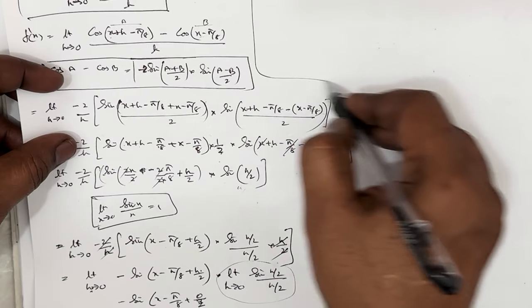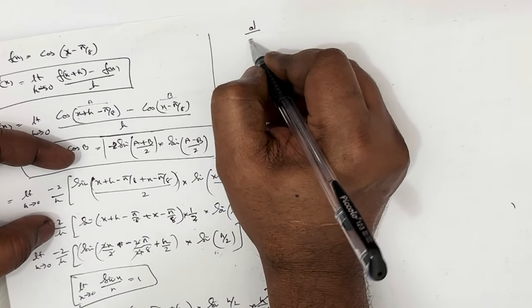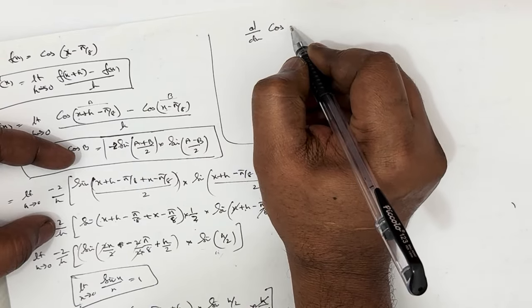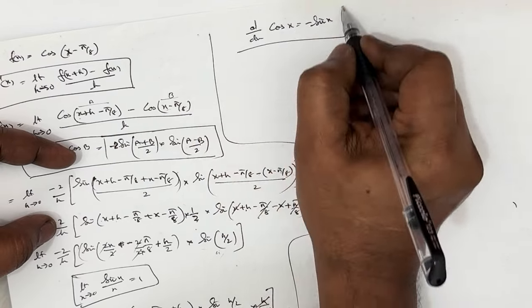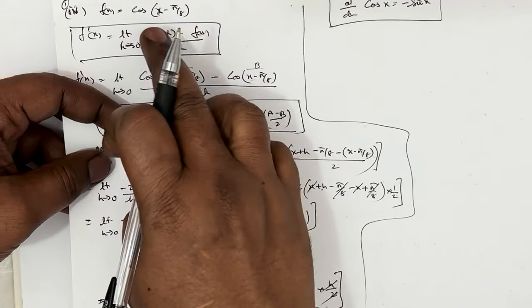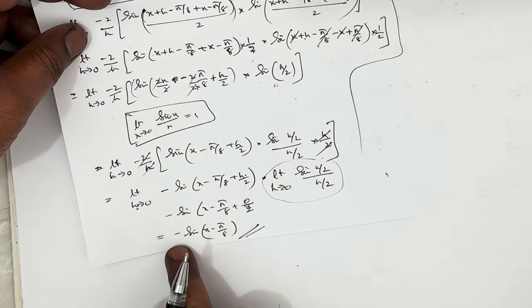We already know by the formulas that d by dx of cos x is equal to minus sine x. We have learned the formulas. This is the same thing, assuming this to be x, then this is minus sine x.